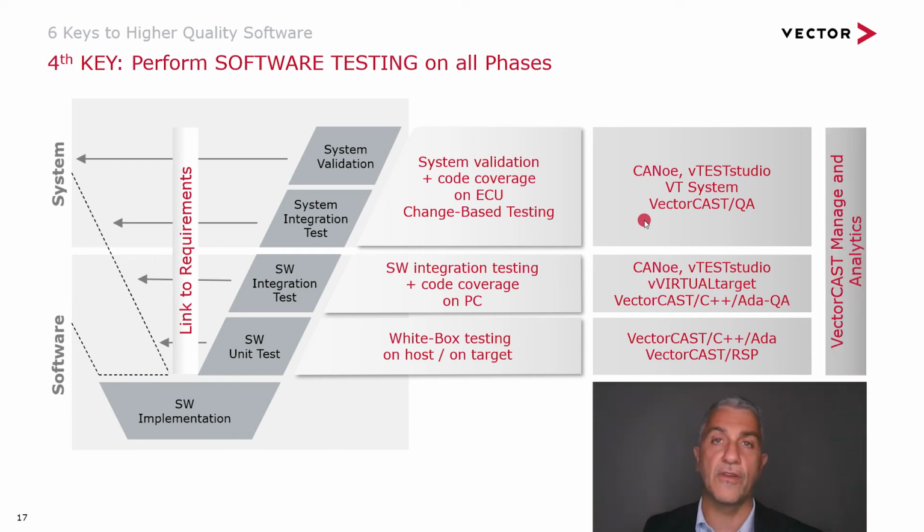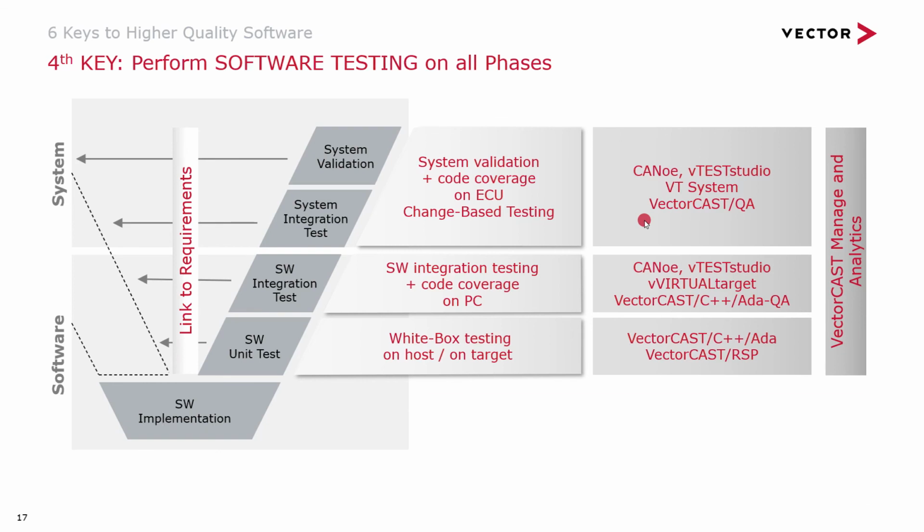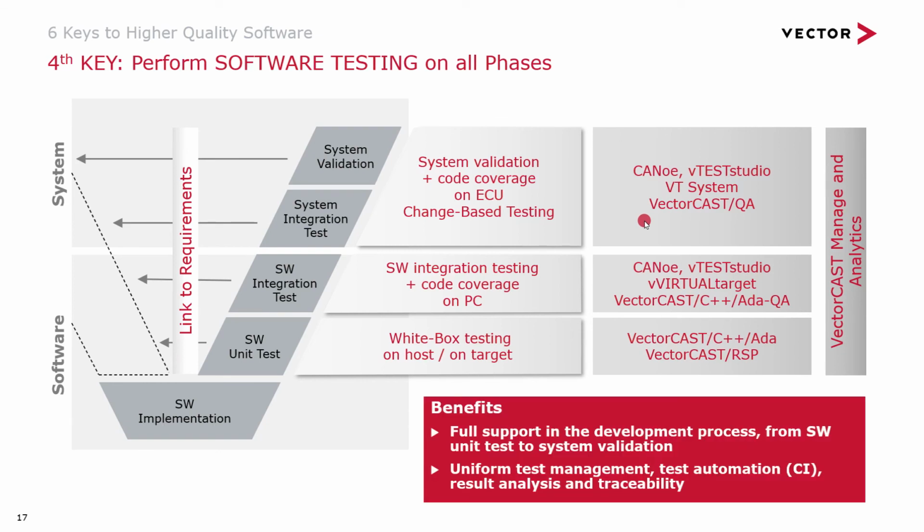Of course, you can use VectorCast/Manage to organize your activities, and Analytics to show metrics and KPIs. The benefit is the full support of the overall software development life cycle, from unit test to system validation, and the other advantage is to unify test management, test automation, results analysis, and traceability.